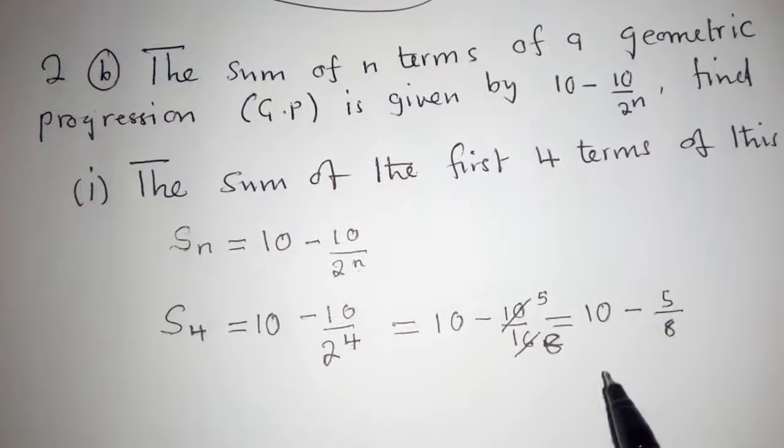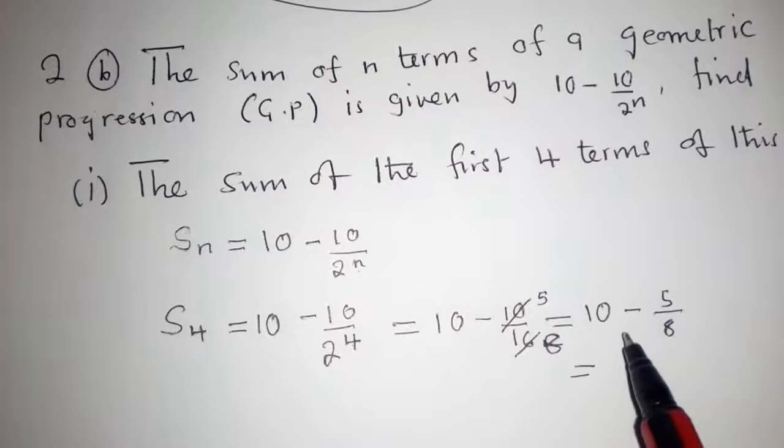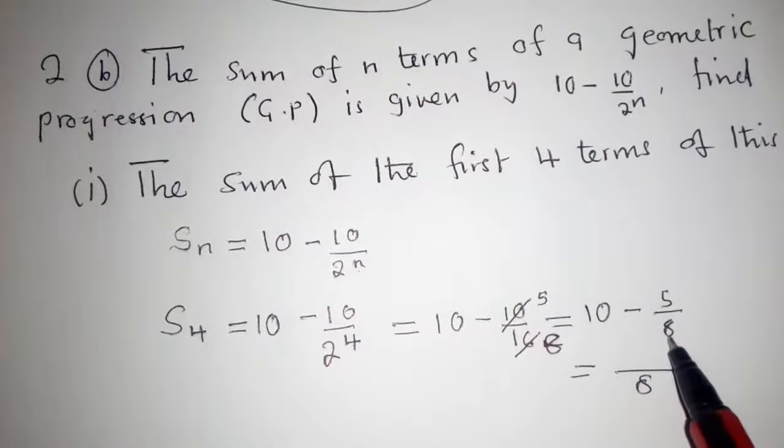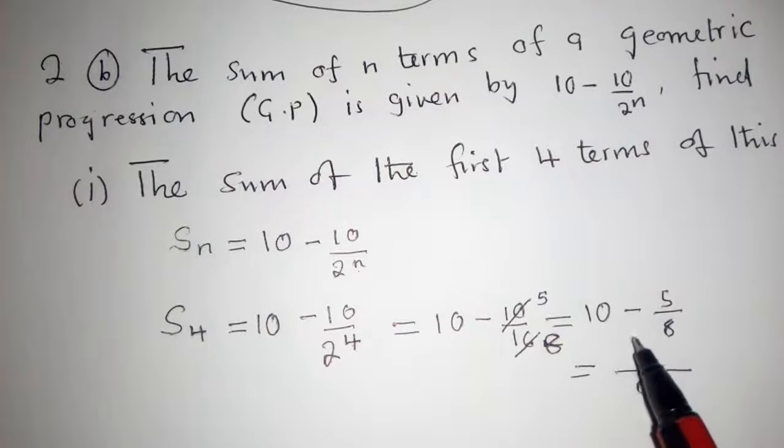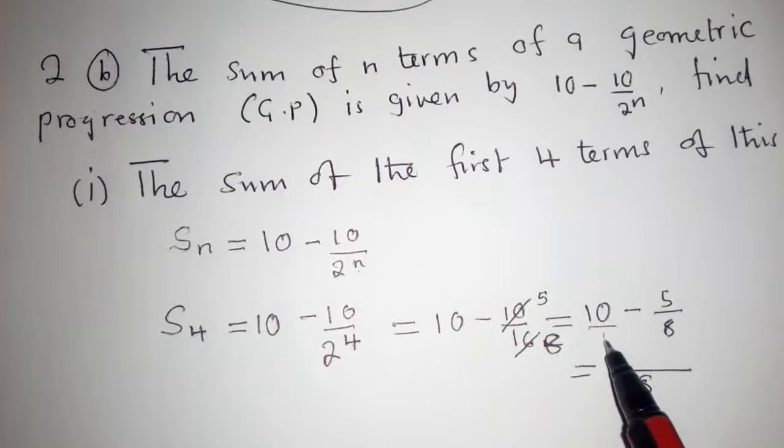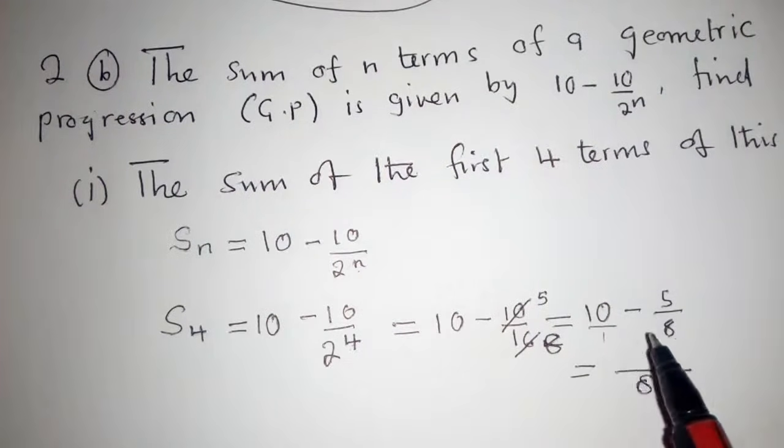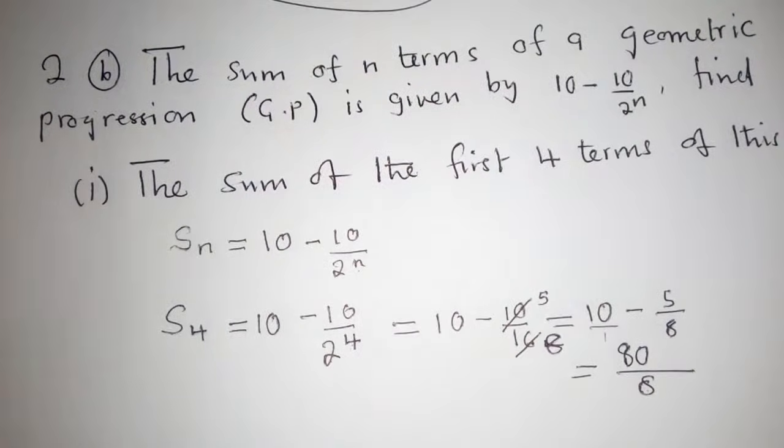And then the next thing here will be to work out what is here. We find the common denominator, which is 8. So here it's more like this: 1 into 8, it's 8. 8 multiplied by 10, the answer will be equal to 80. So this 8 over here is a common denominator.